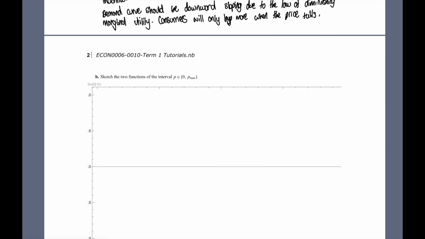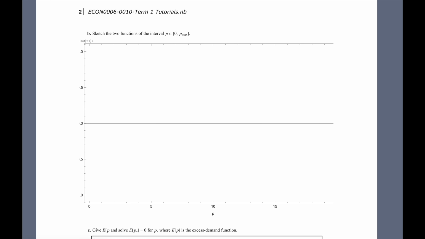Okay, moving on. If we look at the sketch of the two functions on the interval 0 to 12, I'm first going to change the y-axis so it makes a bit more sense. We're going to go 0, 5, 10, 15, 20. If we first draw the supply curve, when we put in 0, we get 0.